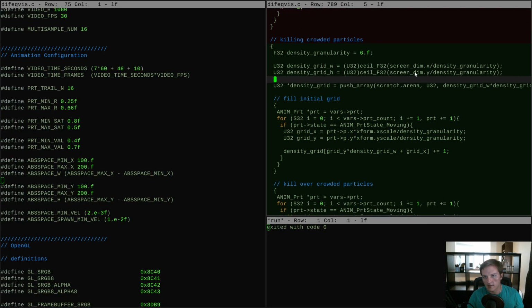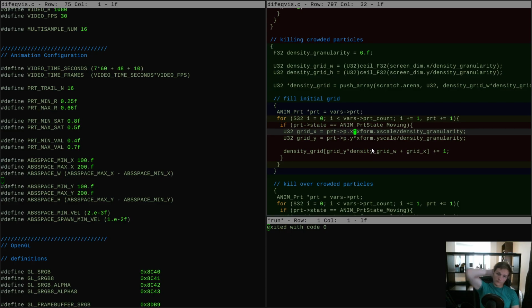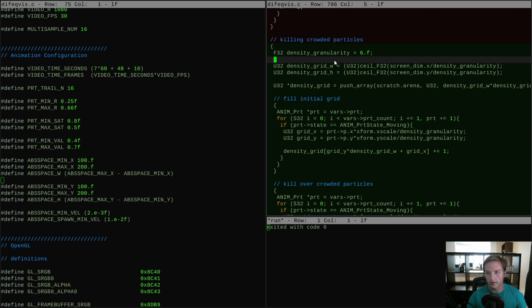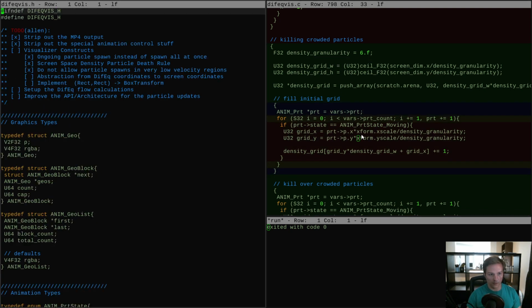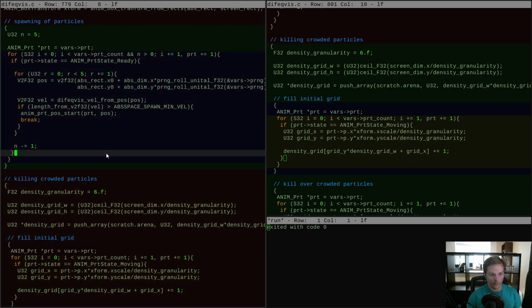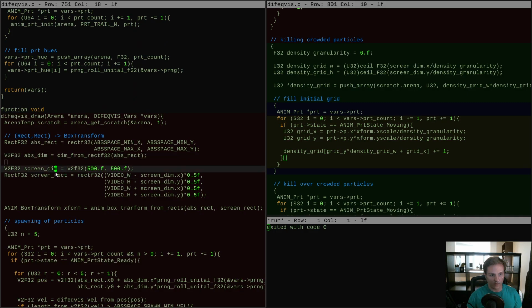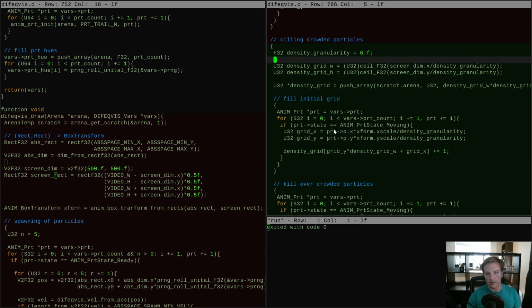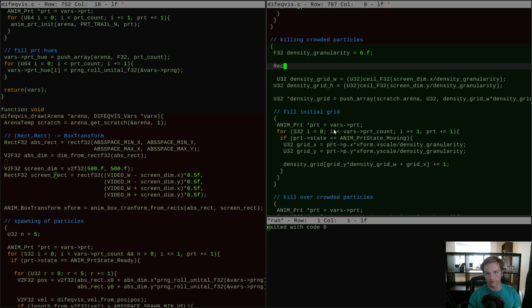That isn't surprising. When we look here, what's happening is we have a different transform, basically. The transform that we start with takes us to the screen rectangle, but we want a density rectangle.